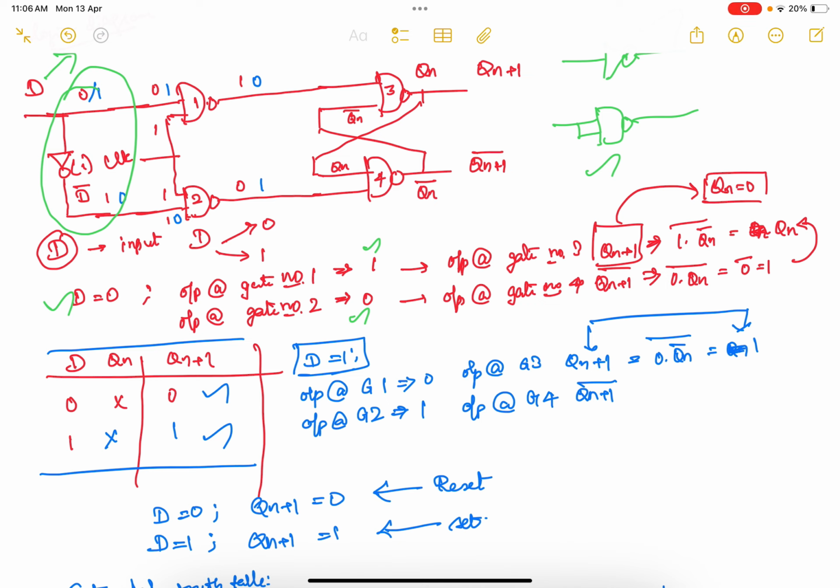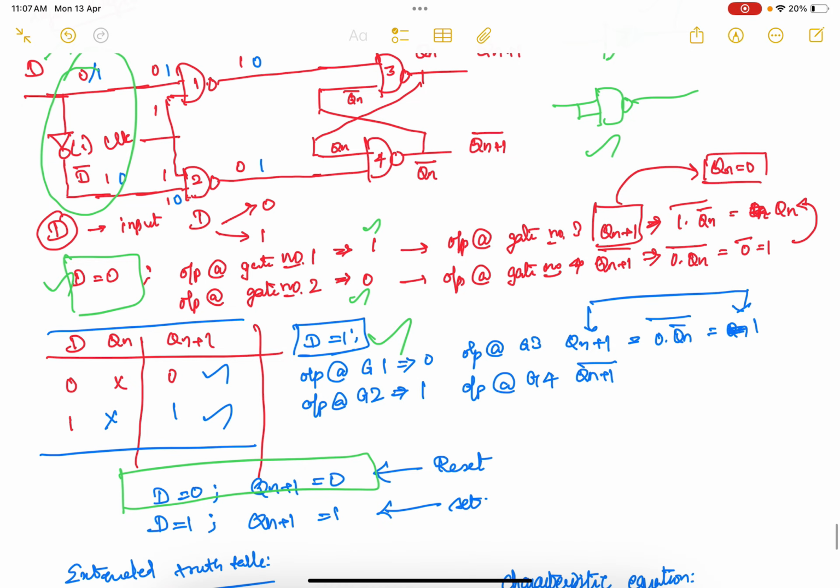So when the input D equals 0, automatically my Qn plus 1 becomes 0. Similarly, I am going to focus on the D equal to 1 condition. Here also the output at gate number 1 becomes 0, and the output at gate number 2 becomes 1.